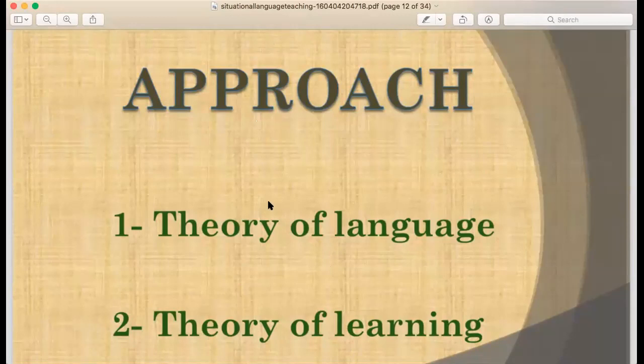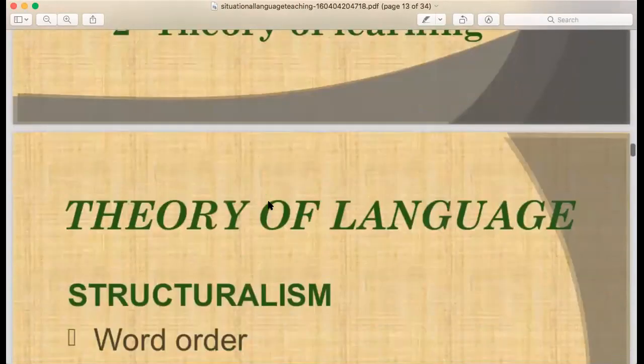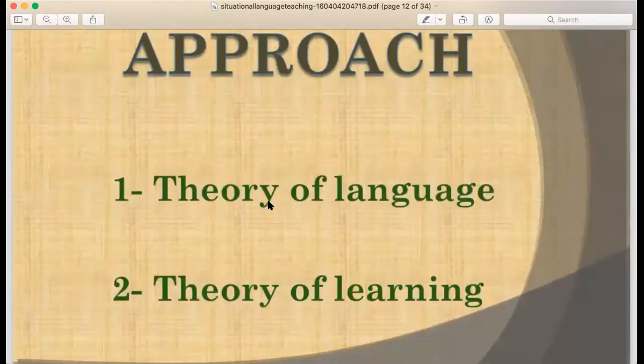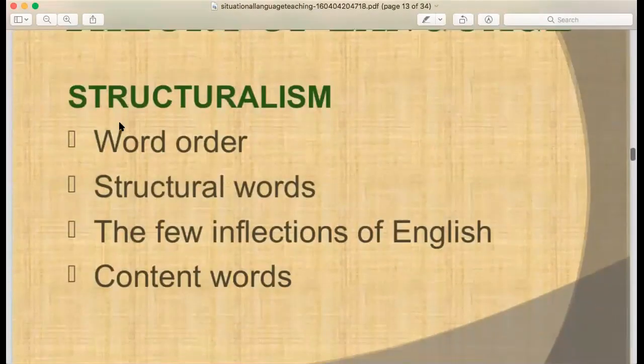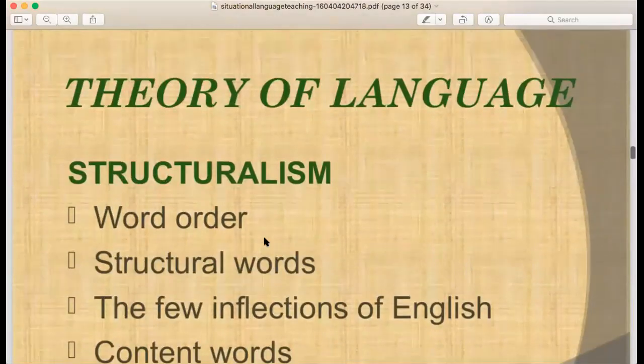Okay. Now, as far as the theory of language is concerned, this is exactly like the audiolingual method. The theory of language is structuralism. In structuralism, we would see, these are all the contents of syntax. The patterns, the building blocks that we have talked about in the audiolingual method.